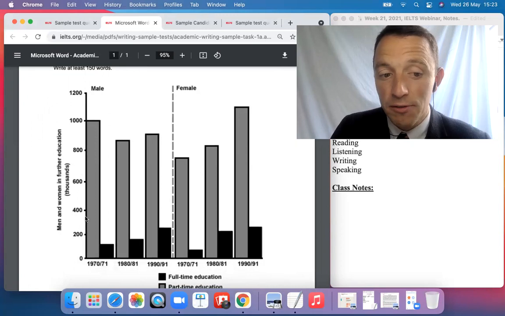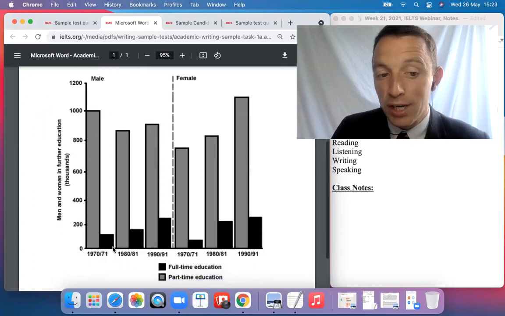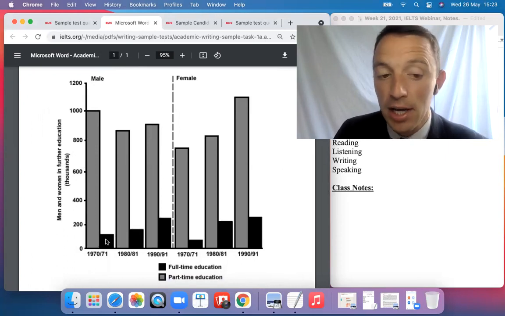So 200,000, 400,000, 600, 800, and maybe 1 million males in further education in 1970 and 71, and you can see here it's part-time, and in black it's full-time, so approximately maybe 100,000 males in full-time education in 1970 and 71.